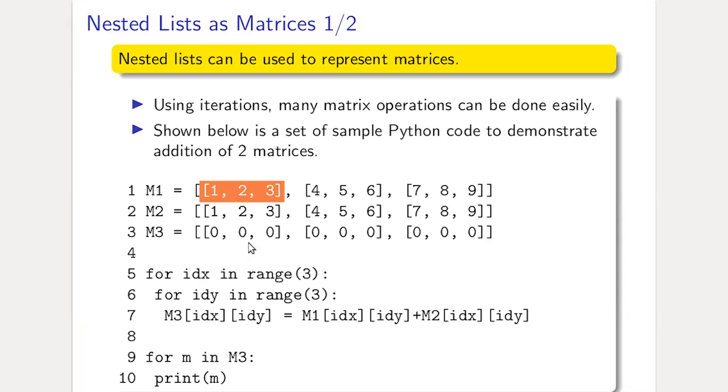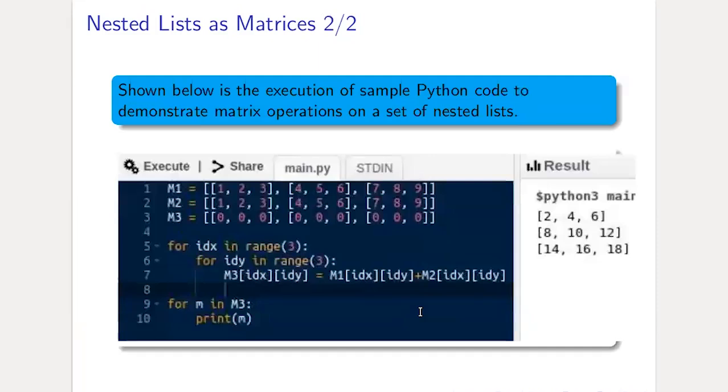This would be a 3 by 3 matrix. Each row is 3 values, and you have 3 such rows. You can do matrix operations like addition. Let's look at the actual code to see how it works.